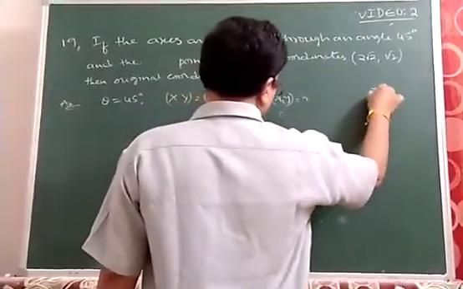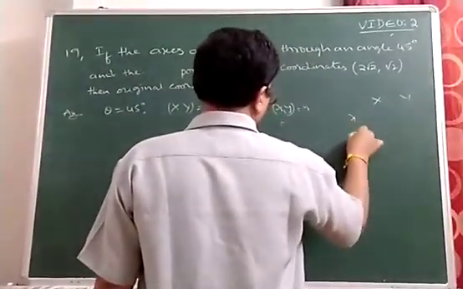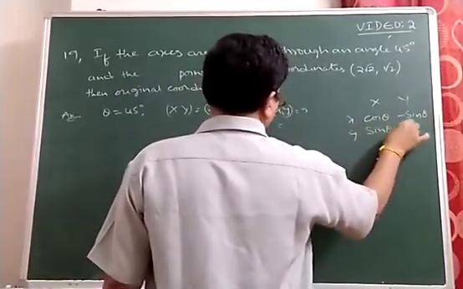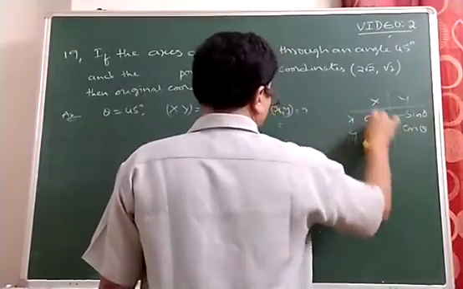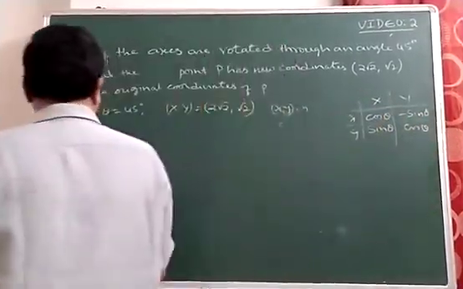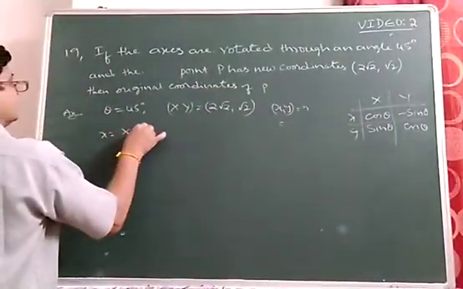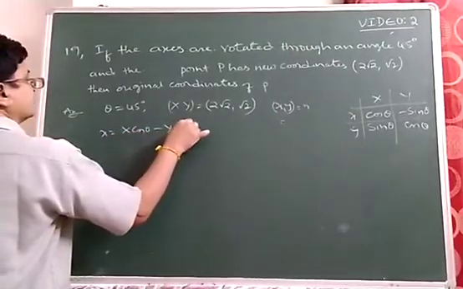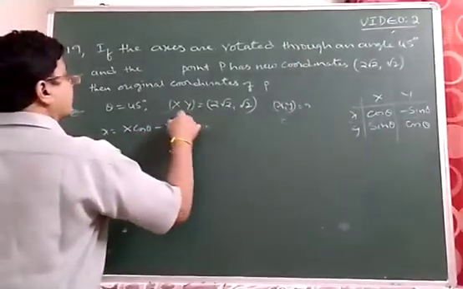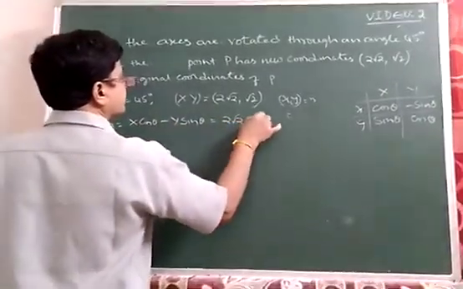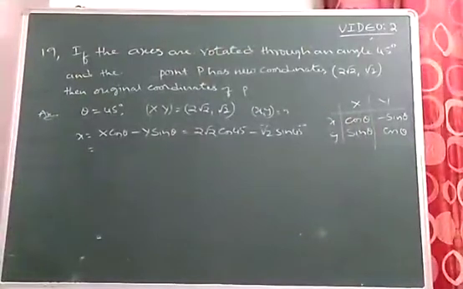So here we take in a diagram x, y, small y, cos theta, minus sin theta, cos theta. From the diagram small x is equal to capital X cos theta minus capital Y sin theta. So that is equal to capital X means 2 root 2 into cos theta means cos 45, minus Y means root 2 into sin 45 degrees.